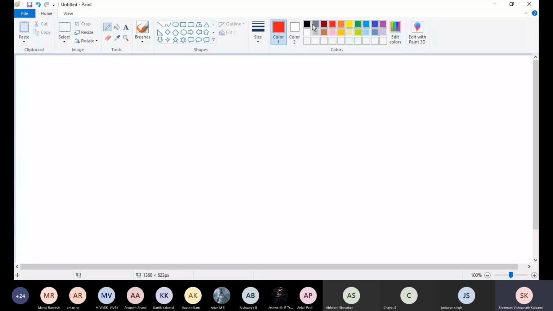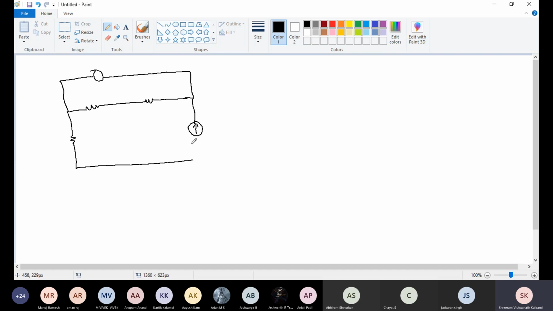First, here you can see this is the circuit given.